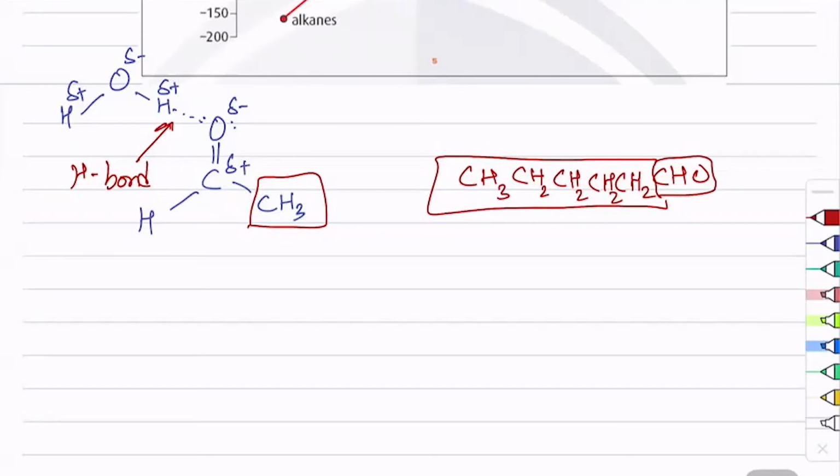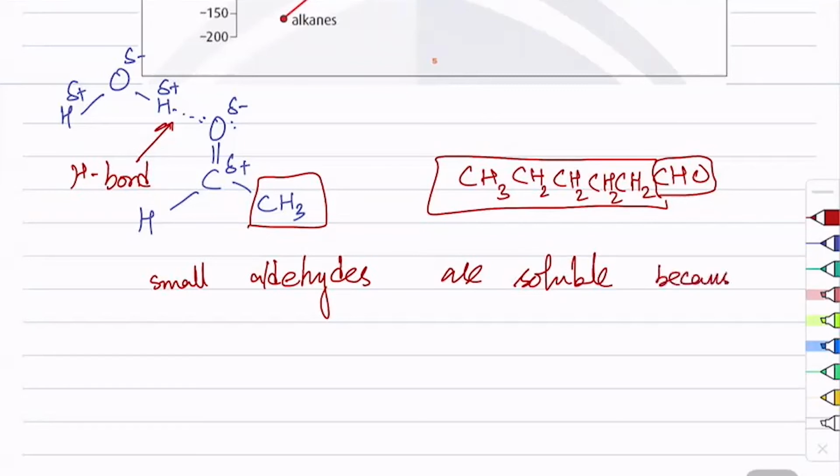The tail is too long. So the dominant force in this case would be the temporary dipoles and the slightly permanent dipole on one side. But if it is a small molecule, up to 4 carbons, then they do dissolve in water, they do form hydrogen bonds. So small aldehydes are soluble because hydrogen bonding is a significant part of the intermolecular force.